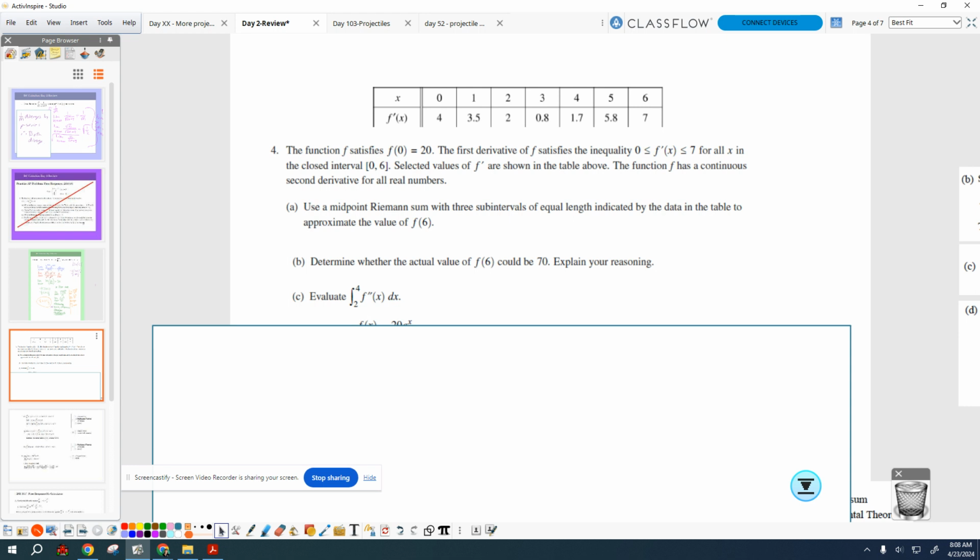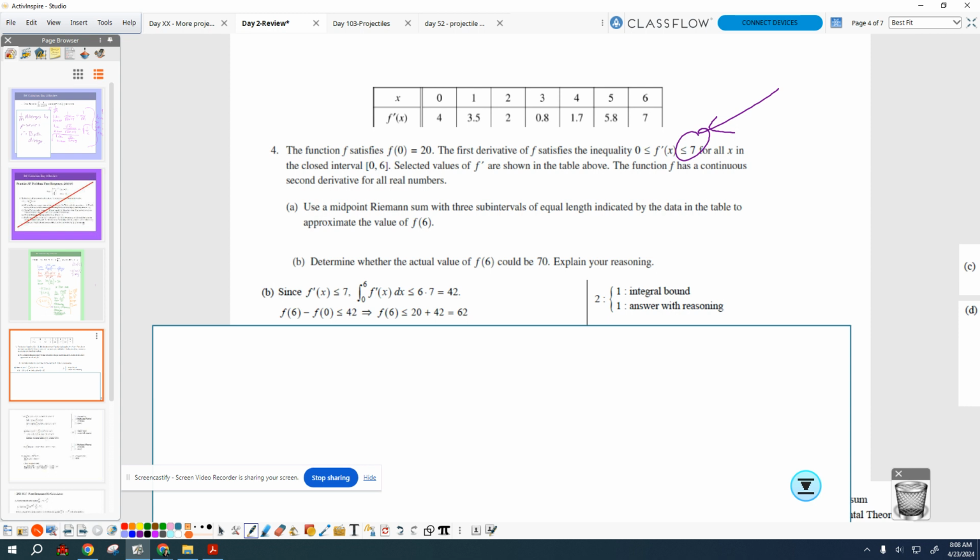Alex, what'd you say in this one? So in the question, it tells us that the slope, so the first derivative, cannot be higher than 7. So the most that f of 6 could be would be 6 times 7 plus f of 0, which is 20, which is 62, less than 70.